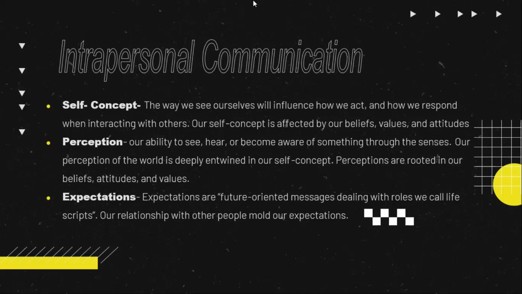For example, if a person shows us that he or she is kind, then mostly our expectation of that person is that he or she will not hurt us. Because she's kind. So that's why expectation is connected with the relationship that we have with the person.